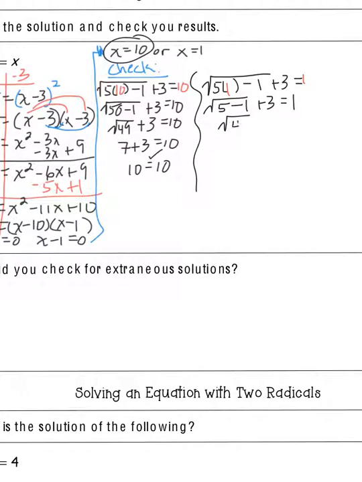The square root of 4 plus 3 equals 1. Square root of 4 is 2 plus 3 equals 1. Uh-oh, 5 does not equal 1. So that means x equals 1 is an extraneous root. It will not work, so we throw it out. So we only have one solution.